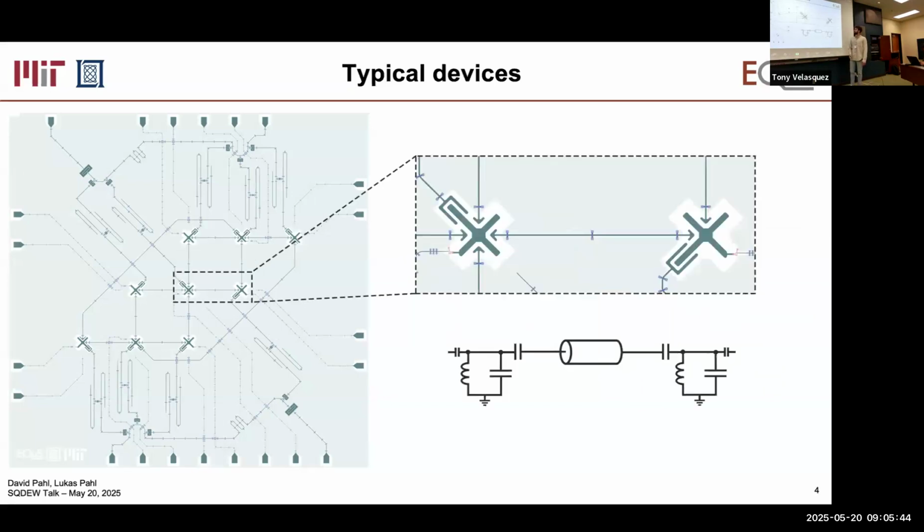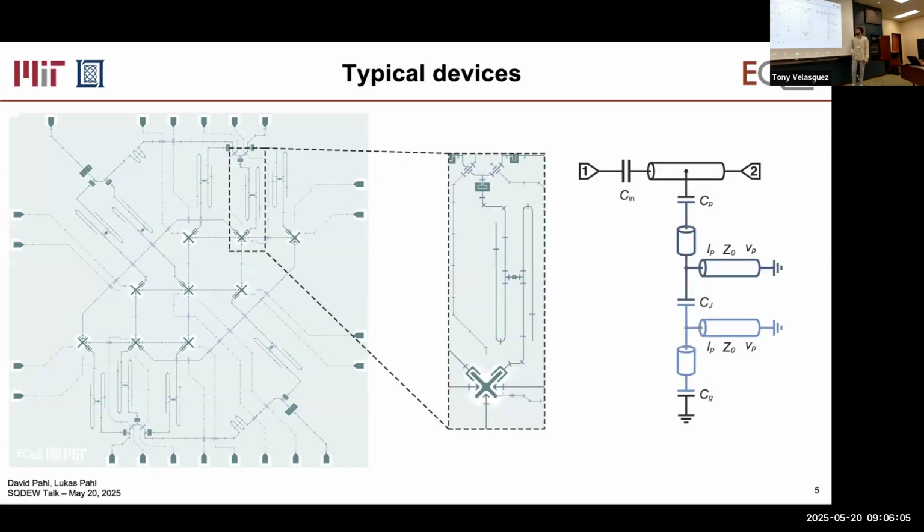Let's look at a different point. Here we are looking at 2 qubits that are coupled together. And similarly, we can model this using the circuit abstraction where we use inductances, capacitances, and transmission lines, these things over here, to model all the different subcomponents in our device. Let's look at one more place.